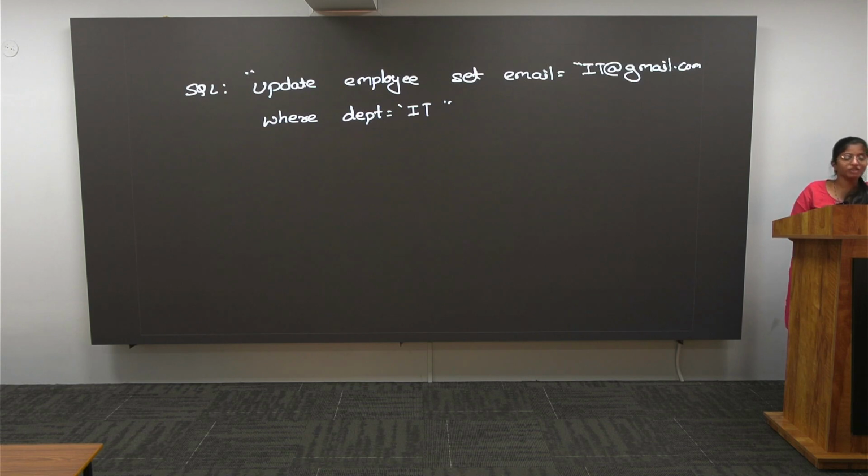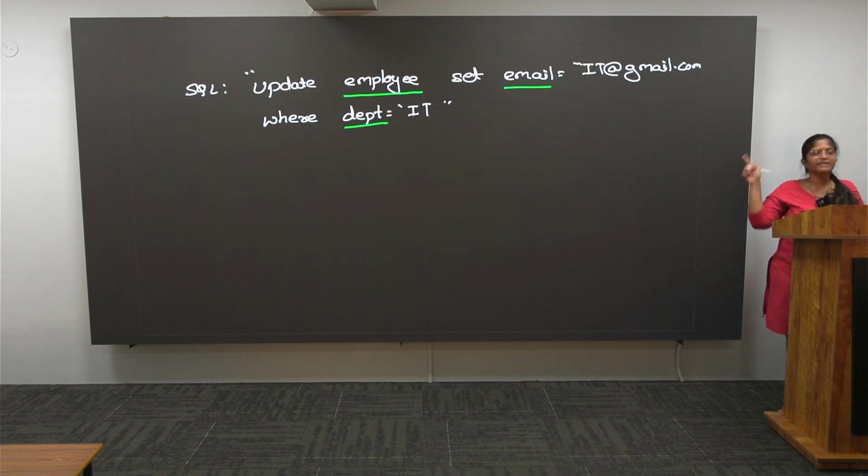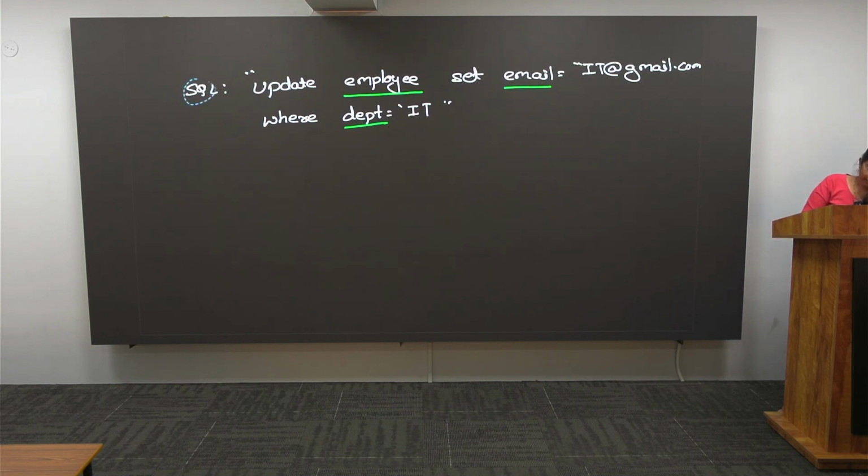But when it comes to HQL, what are the changes? Everything is the same, only this should be considered as a class name, email ID should be considered as one instance variable, and department also should be considered as an instance variable, but the query is going to be the same. I hope it is clear. Now, if I consider this as a query, how can you execute your own query inside Hibernate?